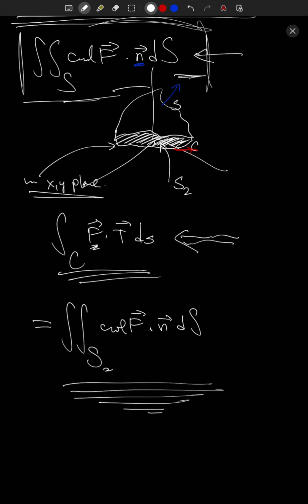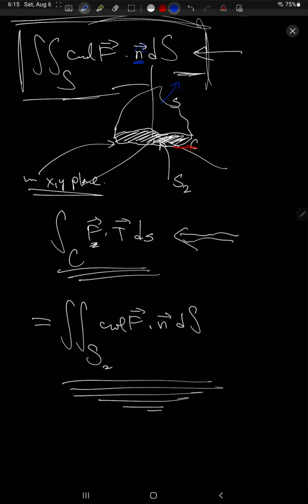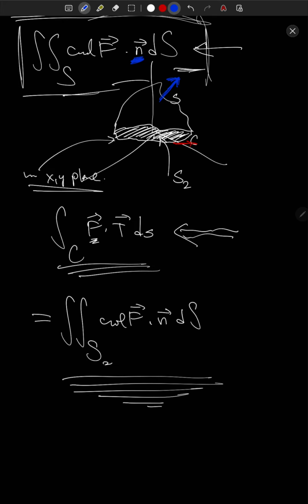Now, if you are going to do this, you better be careful, as usual, about compatibility, right? So if I've chosen, for example, in the initial problem that the normal should be pointing upwards like that, then that means the curve has orientation in this direction, counterclockwise when viewed from above. So now, what is the orientation of this plane here?